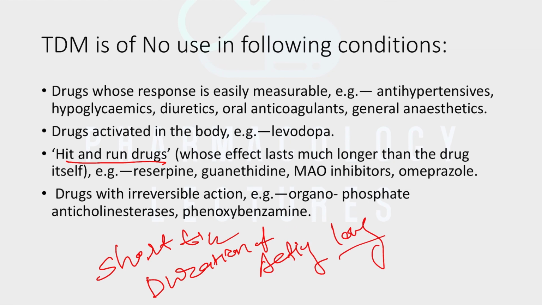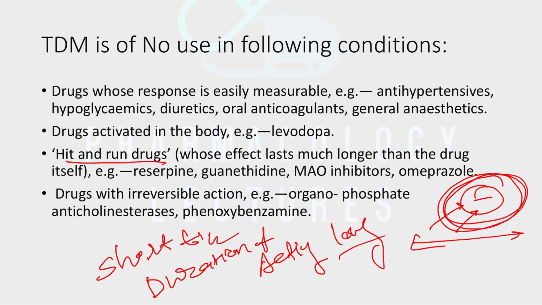This drug reaches its site of action, acts there, and eventually gets excreted from the body. But because of the way it has produced its effect, a long duration of action is achieved.